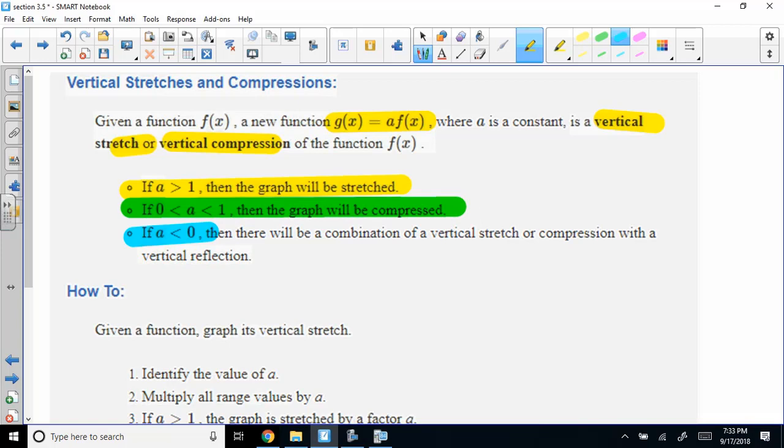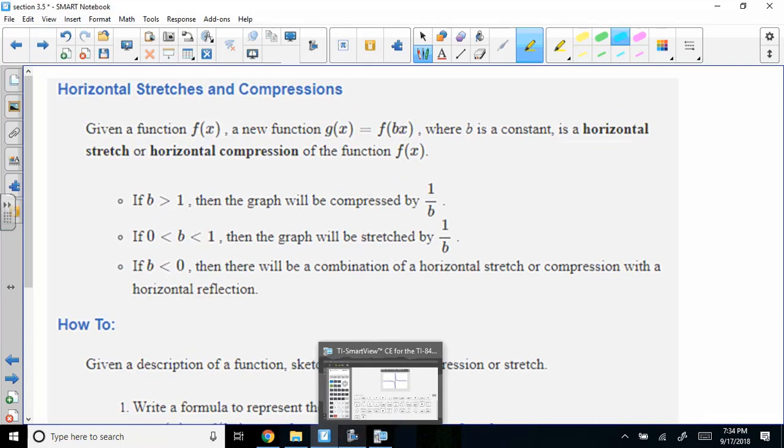That will mess you up if you think about what's happening to the graph itself when all that's happening, but we don't have to in this section. All we have to do is understand what is happening to the function based off what it's given. So a times the function: vertical stretches or compressions. Then we can go back and check whether it is a vertical stretch, compression, or reflection.